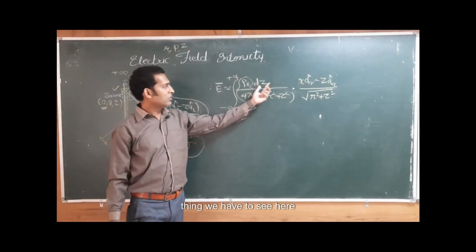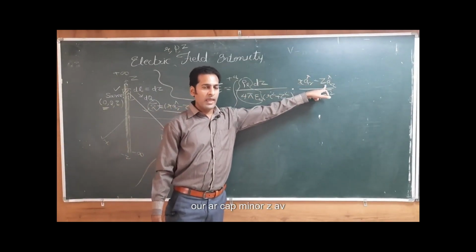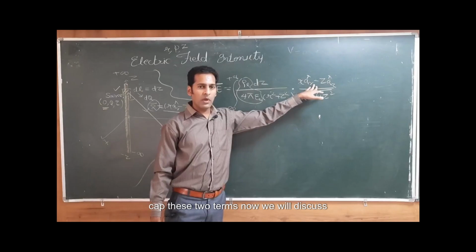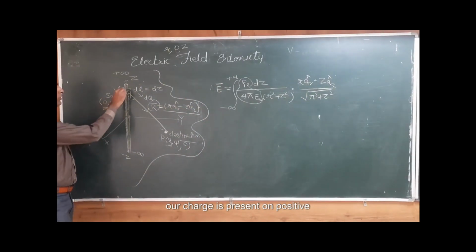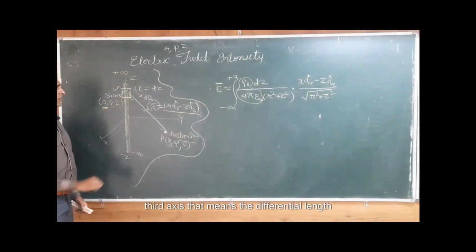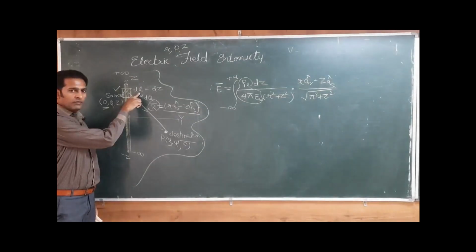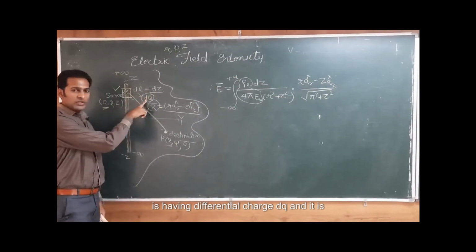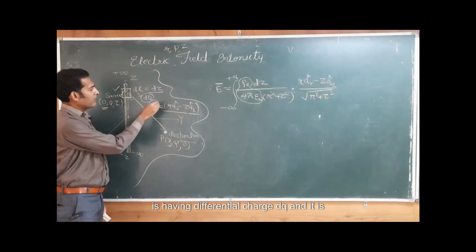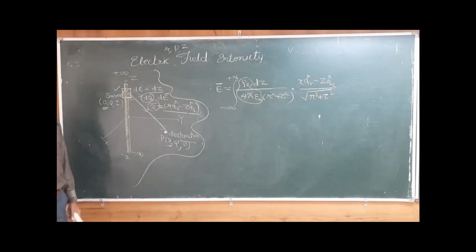One more thing we have to see here, r ar cap minus z az cap. These two terms now we will discuss. Our charge is present on the positive z axis. That means the differential length which is on the differential z surface has a differential charge dq and it is applying some differential electric field intensity dE.